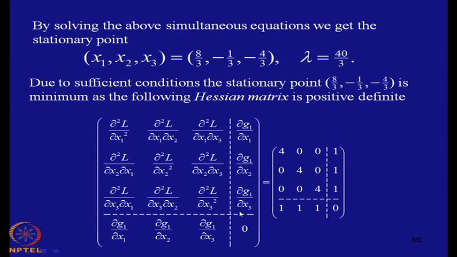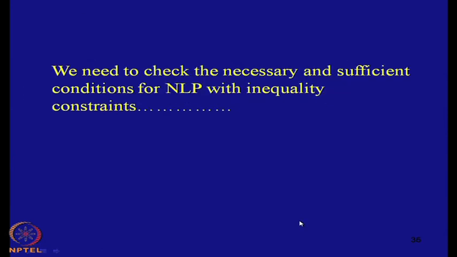This is V. This is the matrix V transpose, the transpose of the same matrix V, and if we substitute the corresponding values here, we will see that this Hessian matrix is positive definite because the principal minors are all positive. Thus we can conclude that whatever optimal solution we got for the problem is the minimum, that gives us the minimum value of the objective function, and that is the solution for the optimization problem.